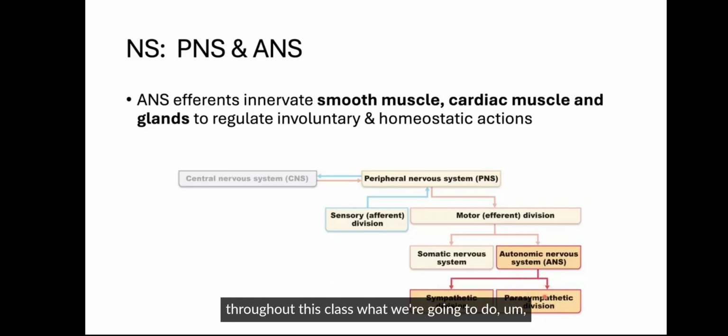And throughout this class, for this portion, we're going to be looking at both anatomical and functional differences, right? So sympathetic is really your fight, flight, fright response, right? So fighting, okay, getting scared, right, and running away, right? So that kind of combination, right, that will be your sympathetic division.